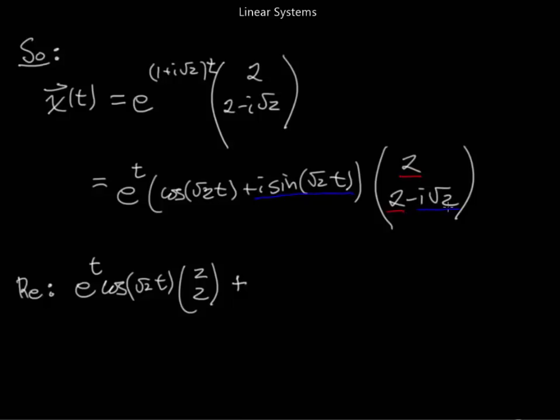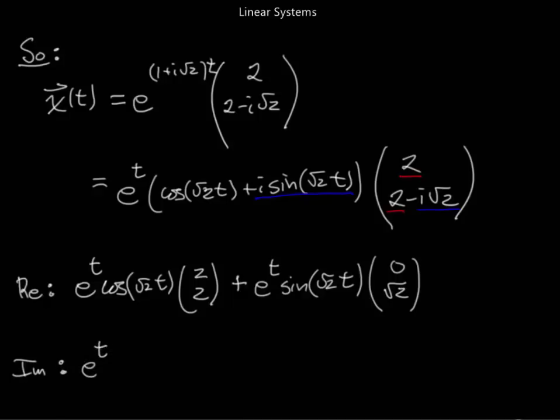I have this e to the t, which comes out front, and then I have these terms with an i in them which cancel, and I get e to the t sine radical 2t times 0, radical 2. And that's the real part. So that's a perfectly good real solution.